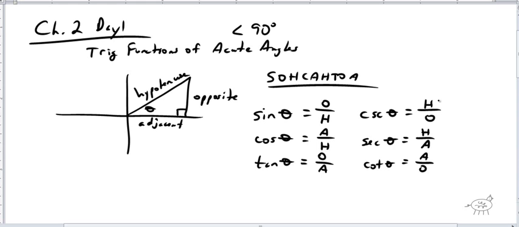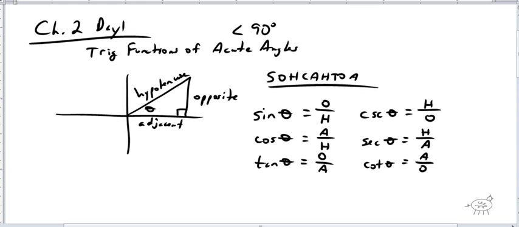And the cotangent of theta is the werewolf function, ow! You don't really need to remember it that way, but I like just SOHCAHTOA. It works out pretty well. It's really important to remember that. We're going to be using this a lot with applications and start putting some of this together with the special angles.